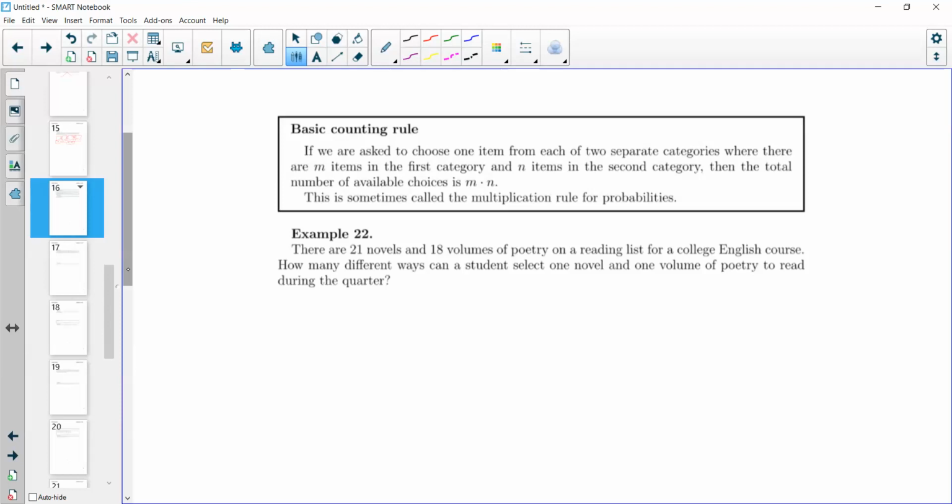So let's see what we got going on here. There are 21 novels and 18 volumes of poetry on a reading list for a college English course. How many different ways can a student select one novel and one volume of poetry to read during the quarter? So we have two lists. We need to choose one from each.